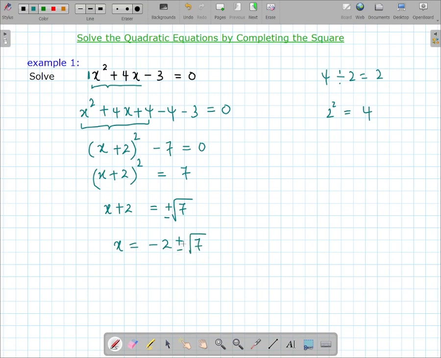Then we have one answer from plus, one answer from minus. So x equals minus 2 plus root 7, or x equals minus 2 minus root 7.